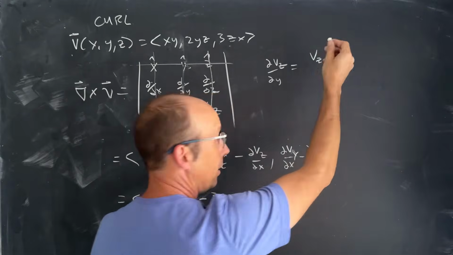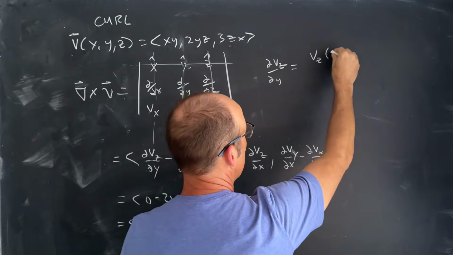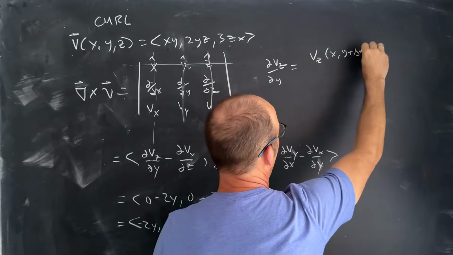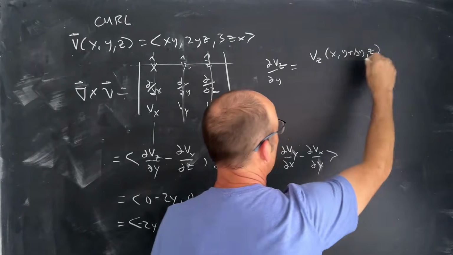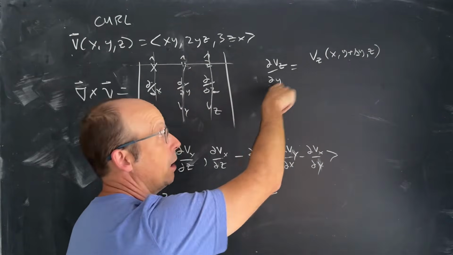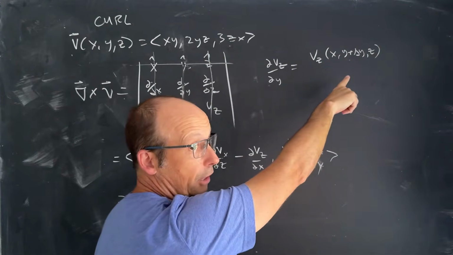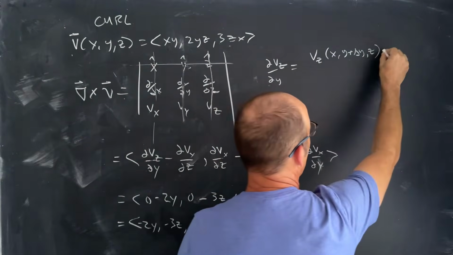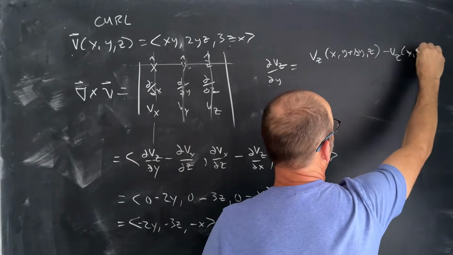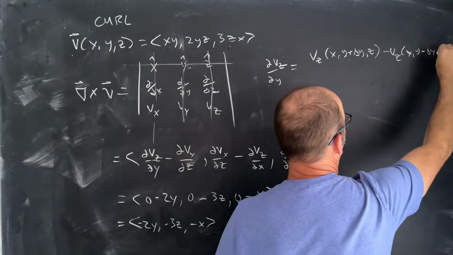And it can depend on x, y, and z, but I'm going to say x, y plus dy, z. Since I'm taking the derivative with respect to y, I'm going to move it up an incremental value of y, and then I'm going to subtract off Vz of x, y minus delta y, z.